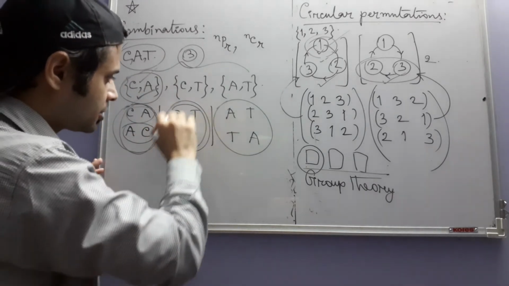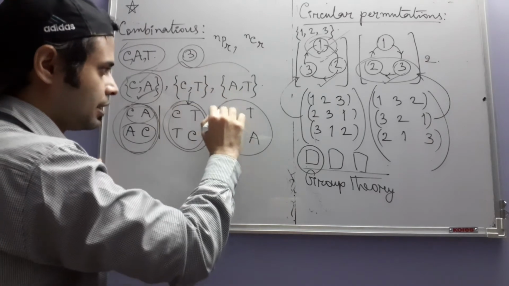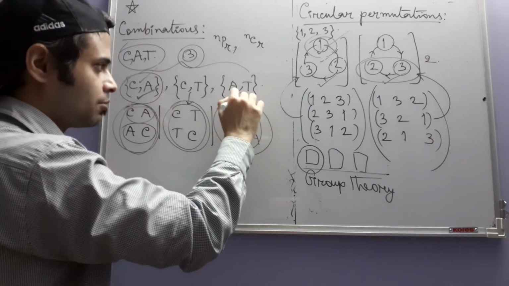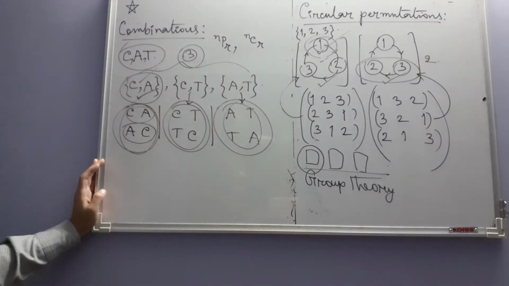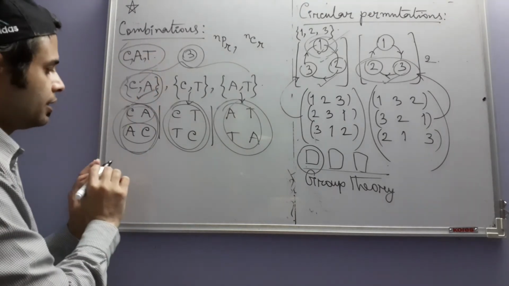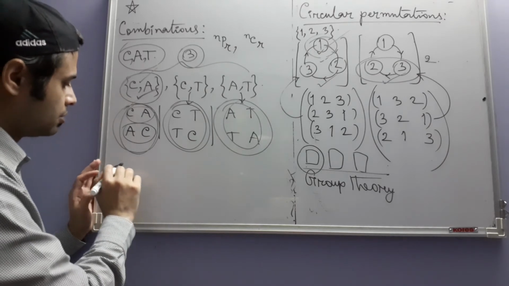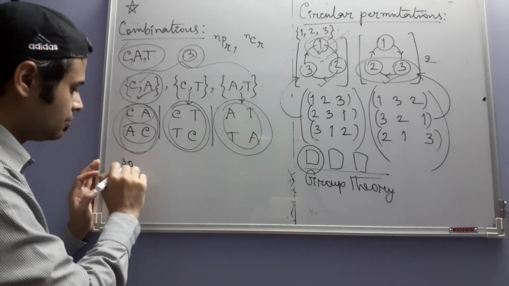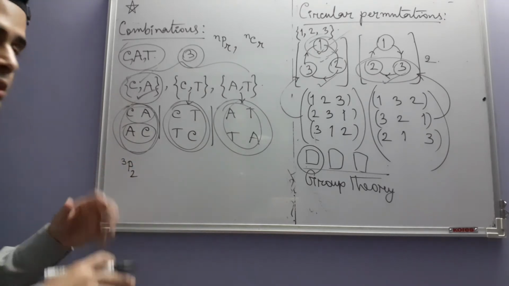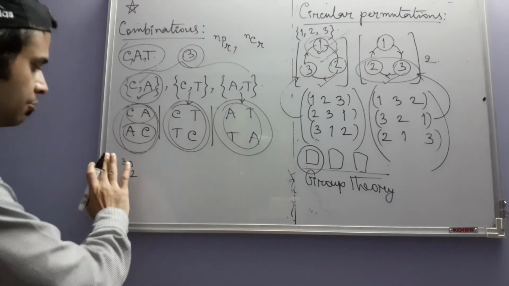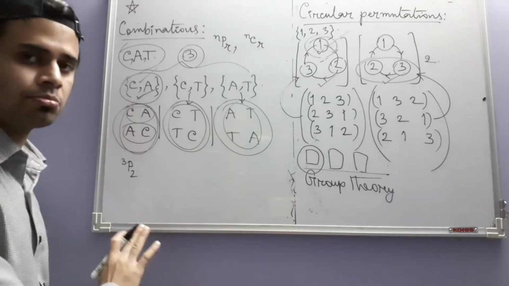These are the permutations taken from this set, and these are the ones with objects taken from this set. So the process goes like this. If I had to count 3P2, what is the physical process? I mean, without the formula.